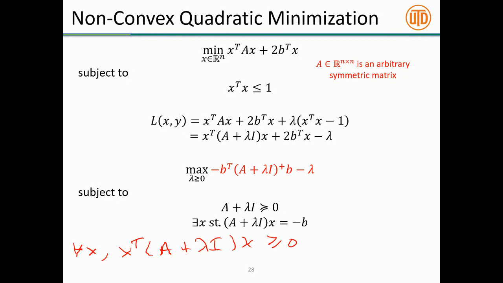We know from that theorem about eigenvectors and eigenvalues that we saw two lectures ago, and the one you're basically proving on the homework, that the largest x transpose A x can be is x transpose x times the maximum eigenvalue of A, and the smallest x transpose A x can be is x transpose x times the smallest eigenvalue of A. So x transpose A x is bounded from below by the smallest eigenvalue of A times x transpose x.